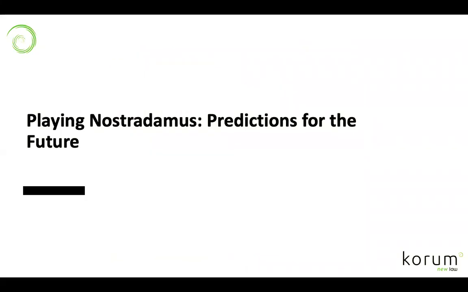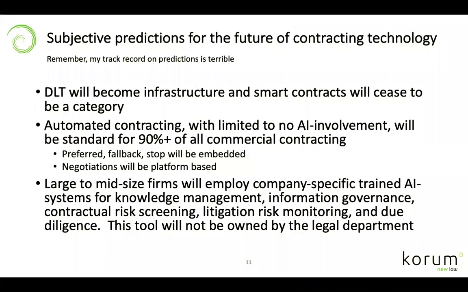So what does that mean in terms of these three technologies and how these might intersect in the future? These are just my views on what I think the future of contracting will hold, and I will openly admit that my track record on predictions is less than ideal, so take this with a grain of salt.